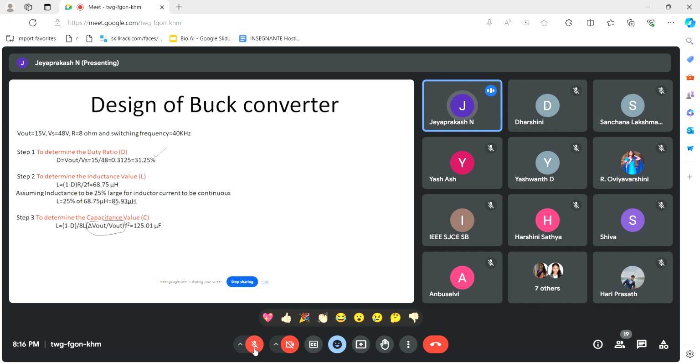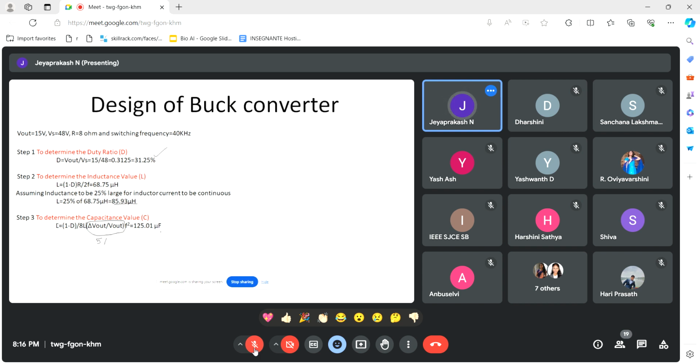So I am taking the ripple factor as 5 percent. From this 5 percent, I am calculating the C value. So C value is equal to 125.01 microfarad. So for my design, I have calculated the duty ratio, L and C value.